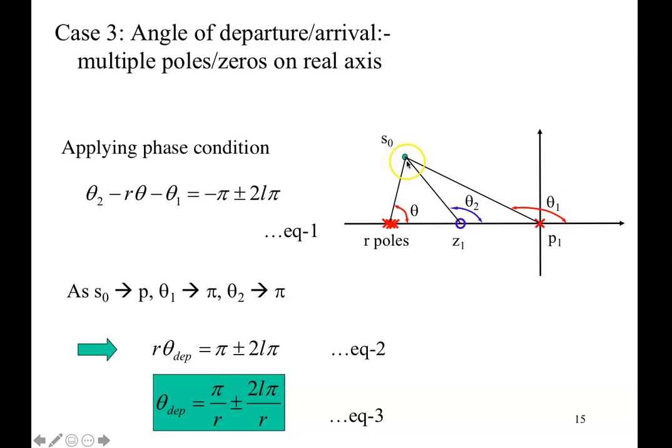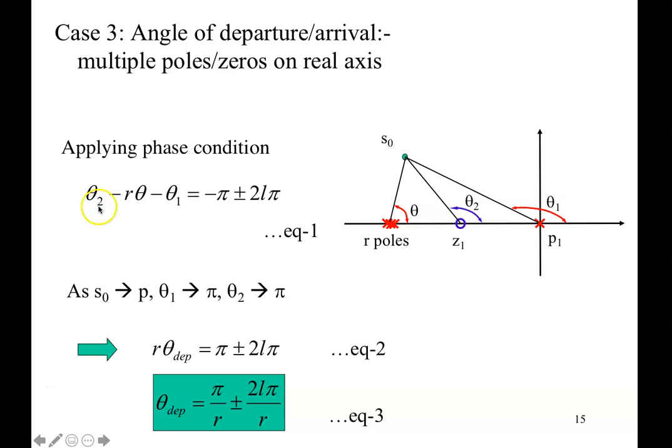As I push this down, this line moves towards the axis, and this line moves towards the axis. Therefore, this angle becomes pi, and this angle becomes pi. When the test point is very, very close to the pole, we don't know this angle because it's the same line here, but we know these other two angles will be pi.